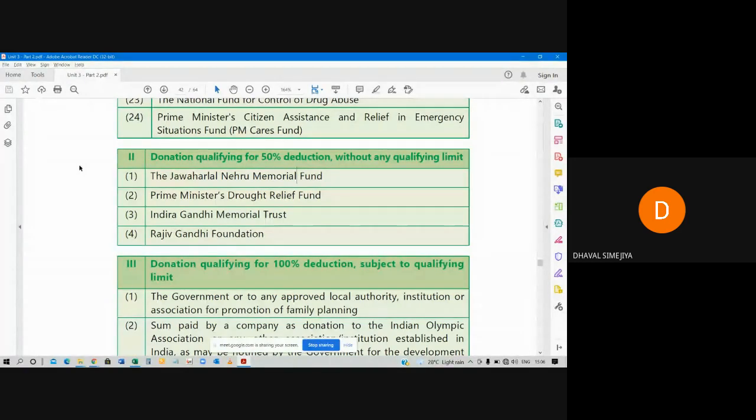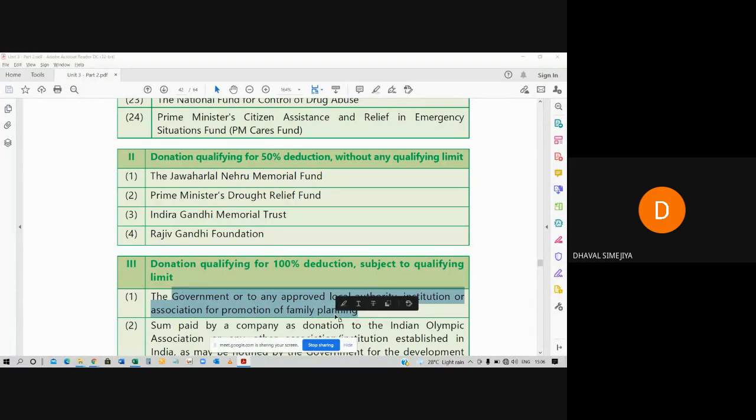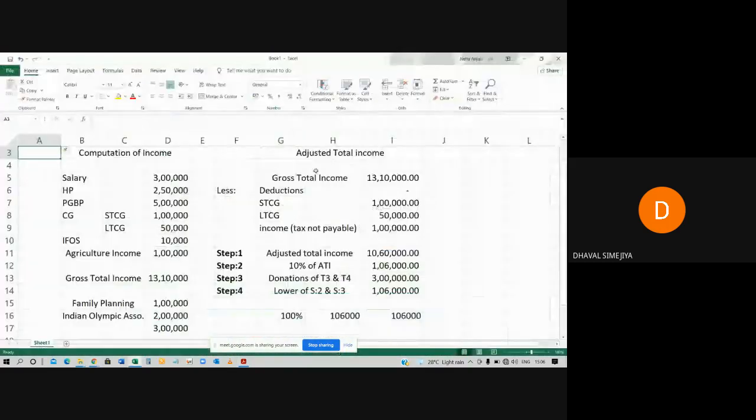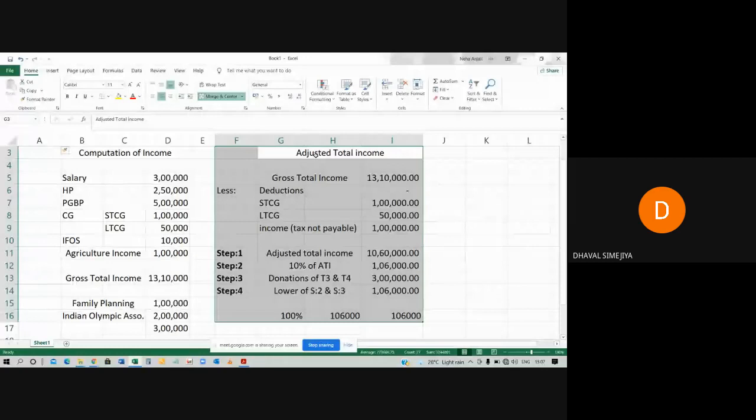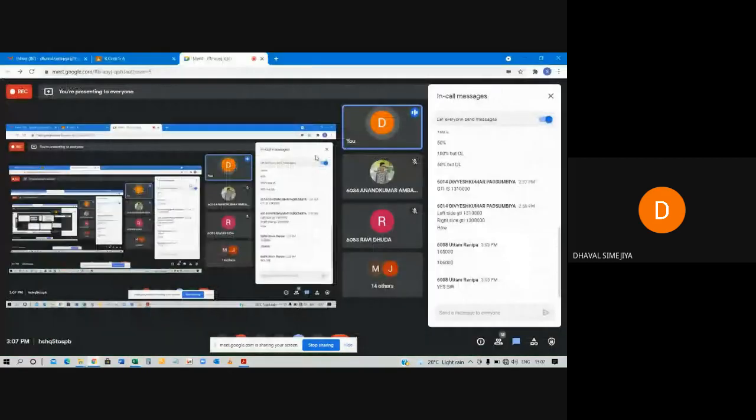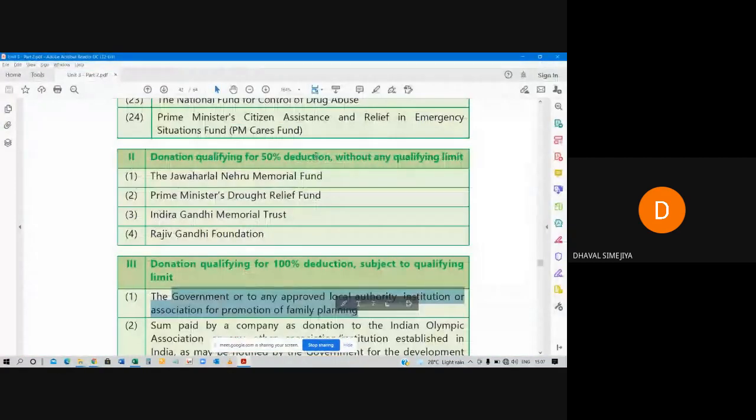Simple. But if I gave for family planning, then you have to do this exercise. This full exercise you have to do. An 8 marks question can be asked. If I gave to the Indian Olympic Association, then again the same exercise will be done.